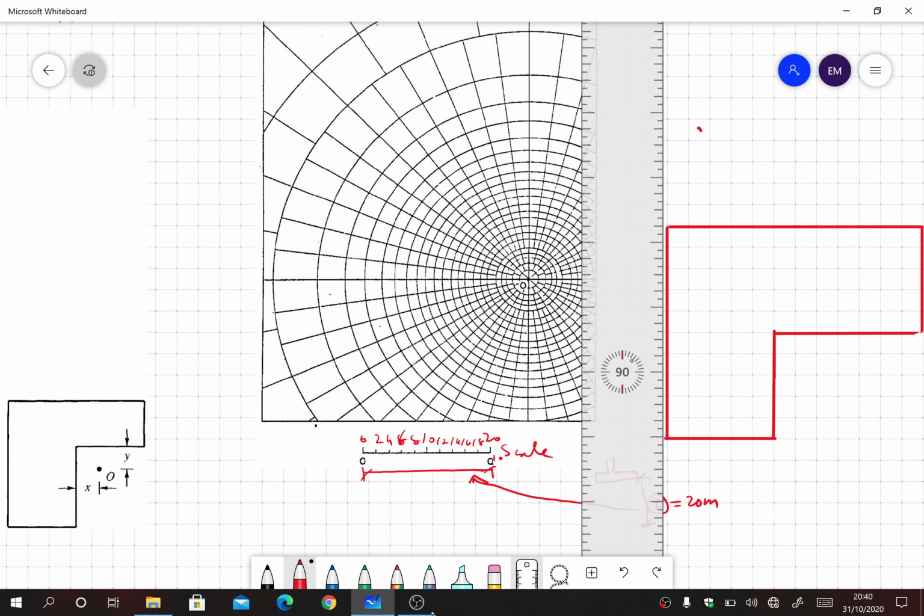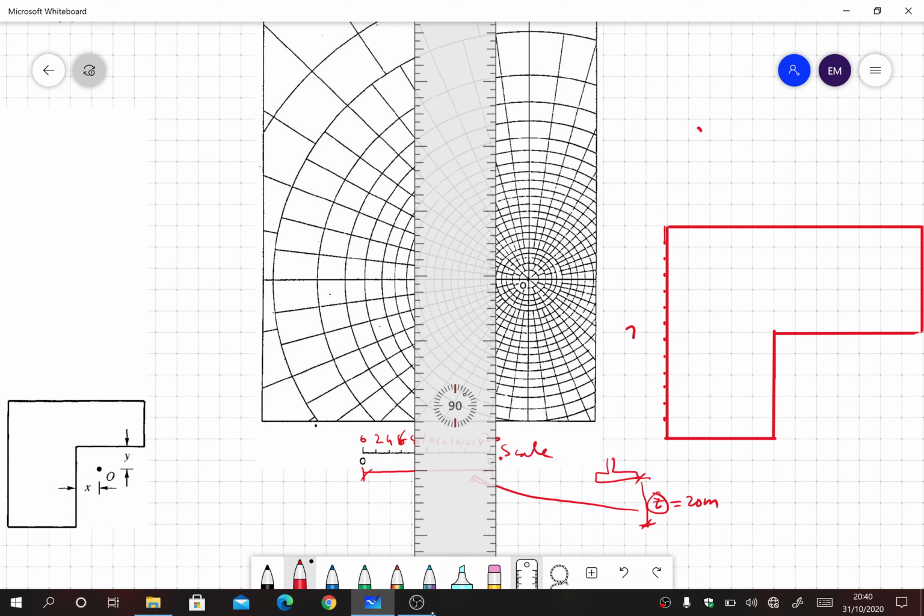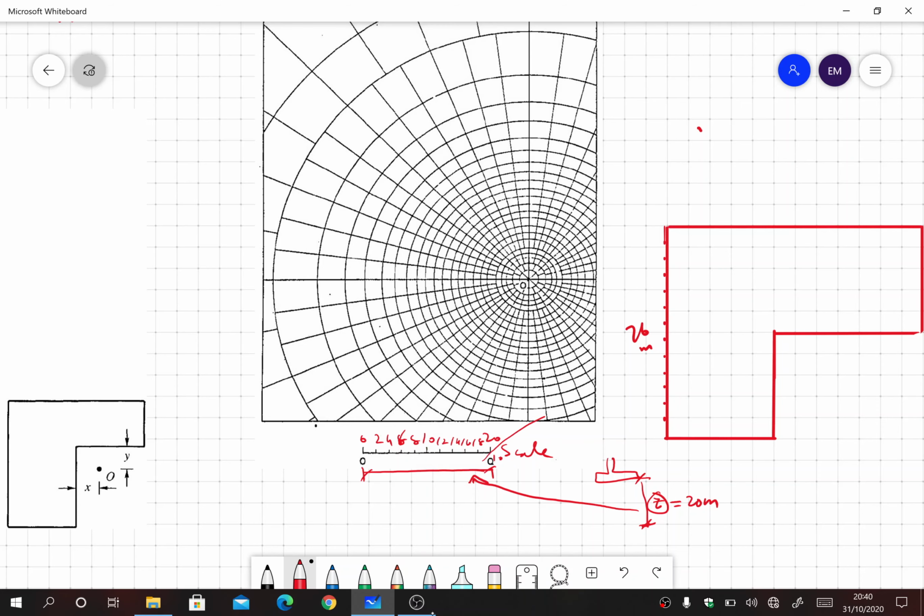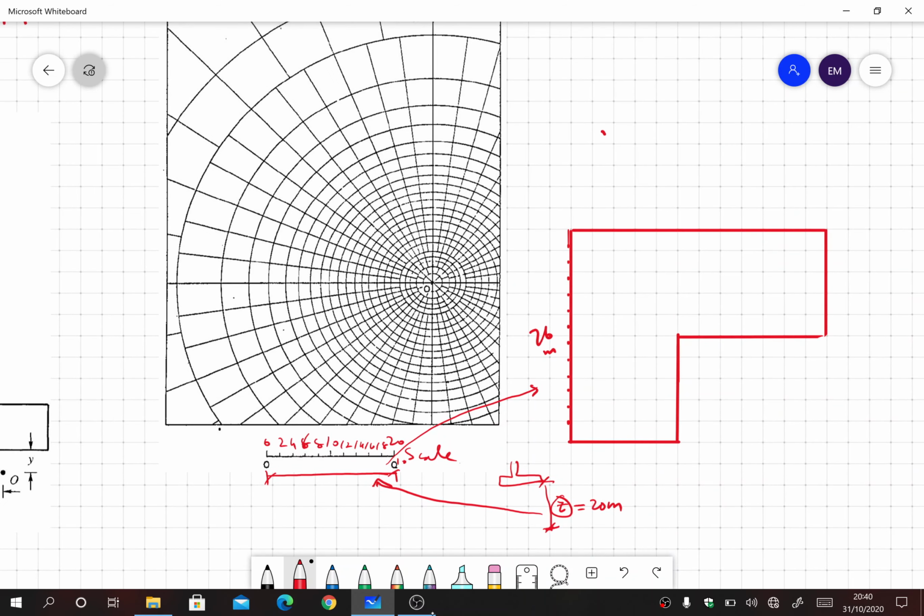This was 1, 2, 3, 4, 5, 6, 7, 8, 9, 10, 11, 12 and 13. So that means this side is 26 meters. Similarly, using the same scale, I'll plot the length also and the remaining lengths.